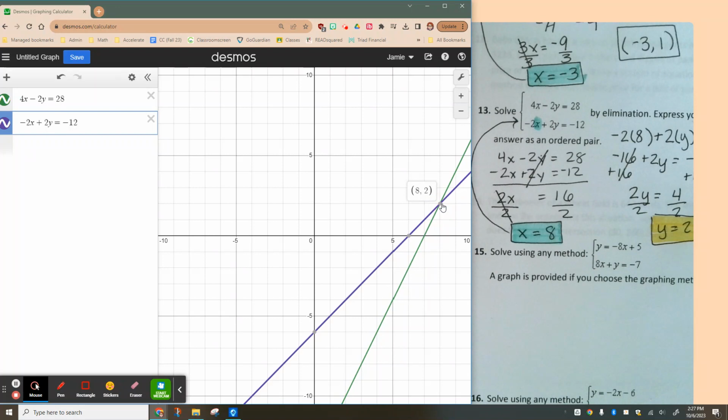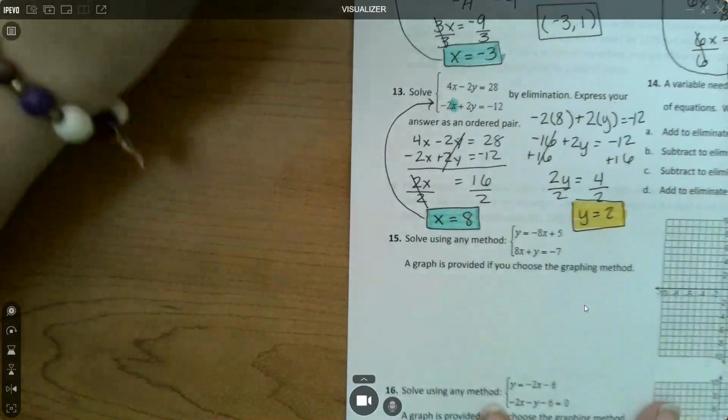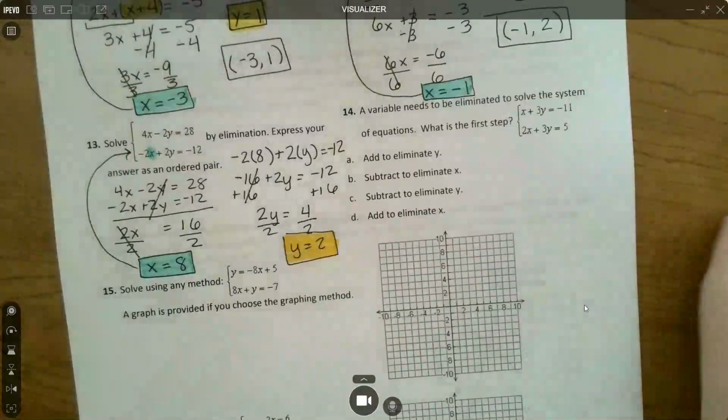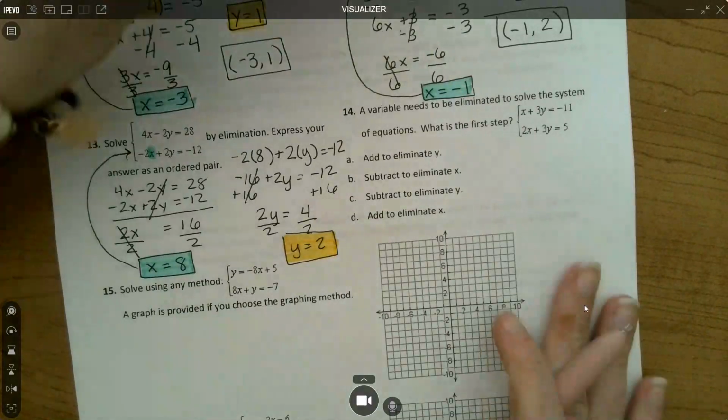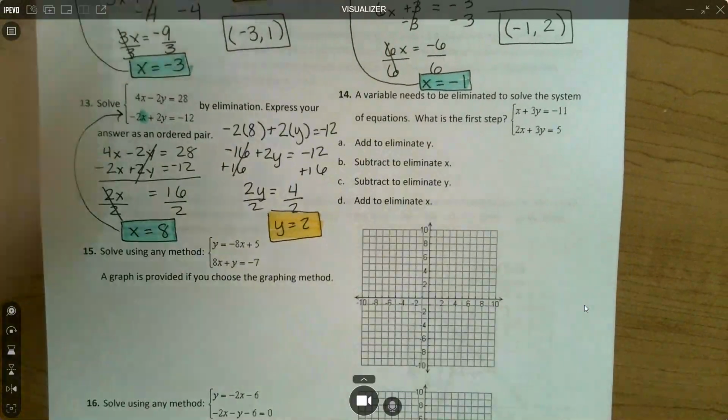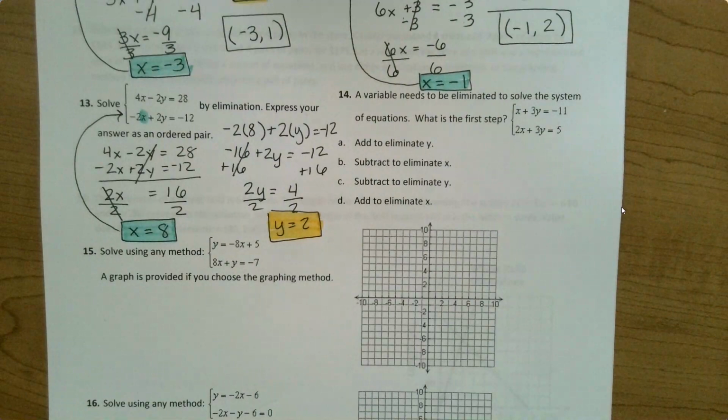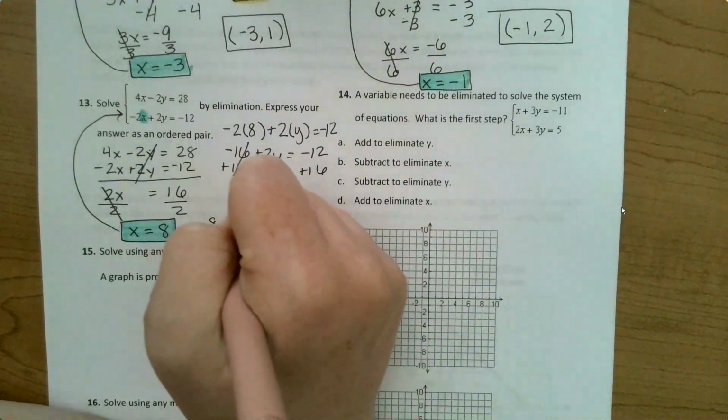And our (8, 2) is our solution. All right. And write as an ordered pair, so this would be (8, 2).